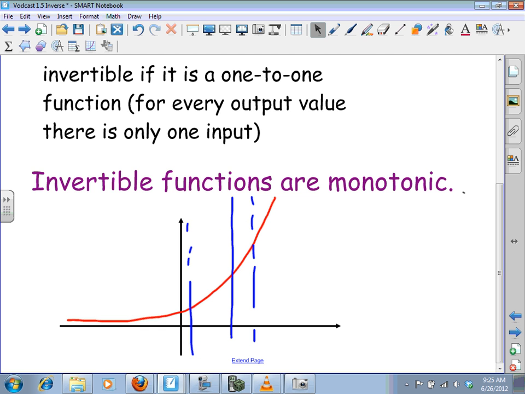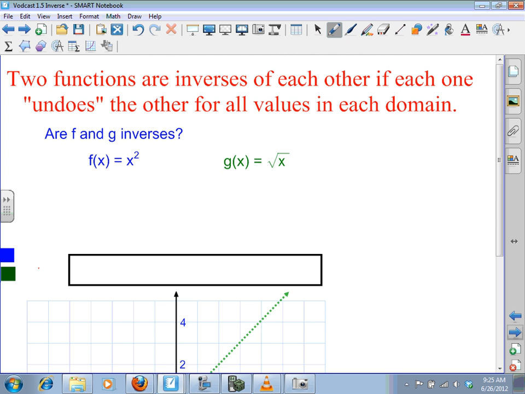So this graph is monotonic, and it's a function because it passes the vertical line test, but it's also a one-to-one function because it passes the horizontal line test as well. Every time I pass a horizontal line through this graph, it only crosses the graph once. So it passes both the vertical and horizontal line tests, which means that it is invertible. More details on that in a minute.